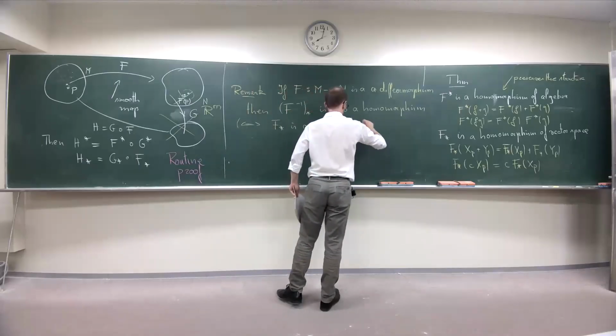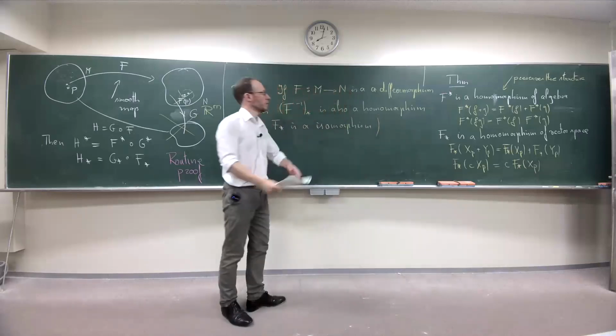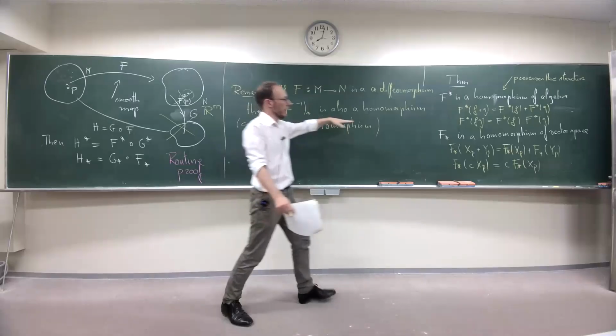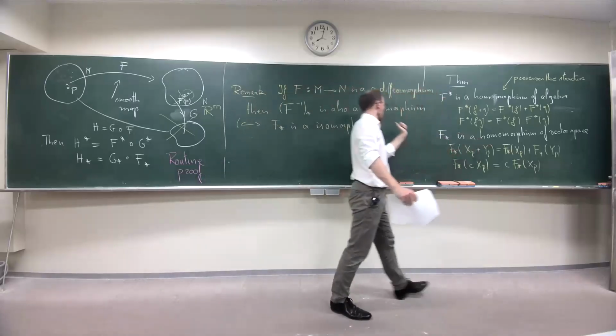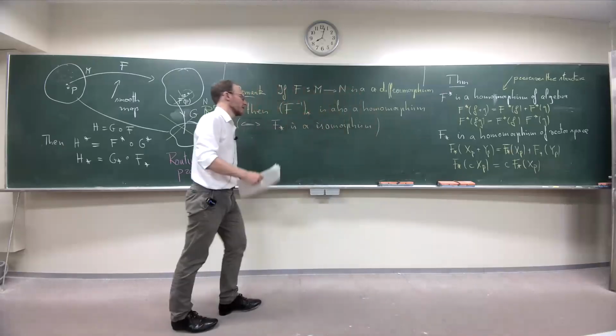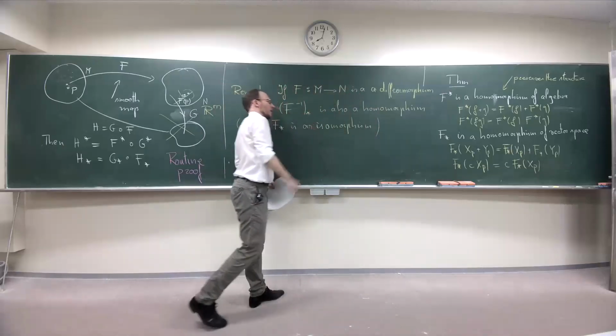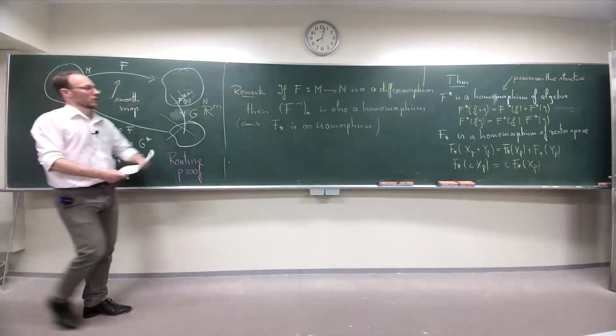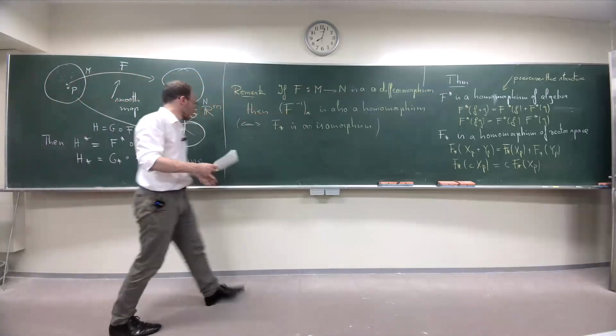This is just one more word. It just means that not only F star is a homomorphism, but also its inverse is a homomorphism, and we call this an isomorphism. And the proof is rather easy to check that the inverse is also a homomorphism once you use these compositions.